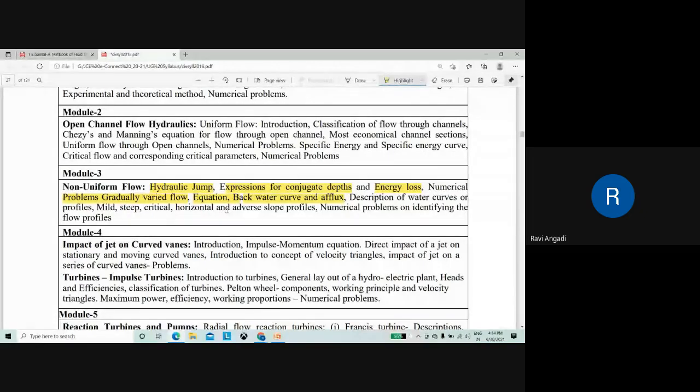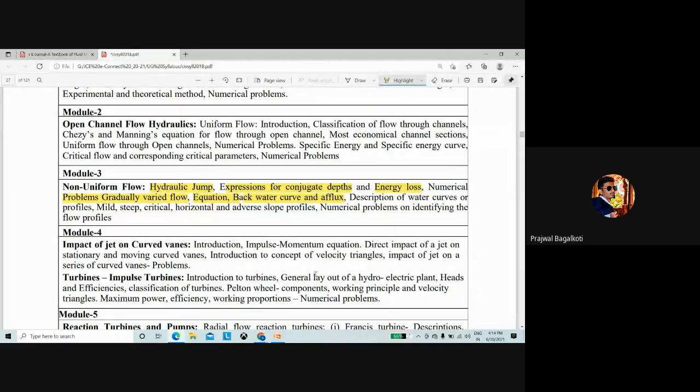If it is greater than 0, it is what we call drawdown or afflux rising. What you get if dy by dx is greater than 0? What kind of profile you get? Backwater curve. If dy by dx is less than 0, what kind of profile you get?